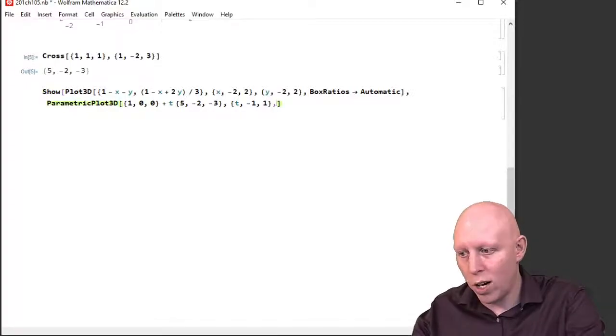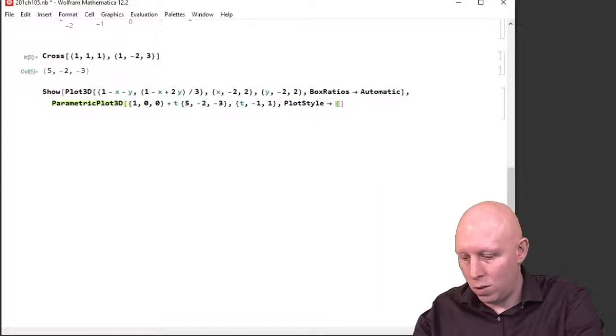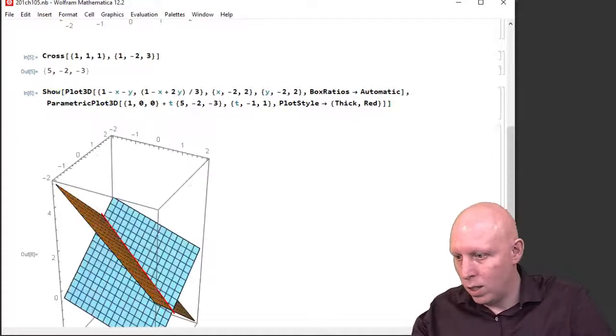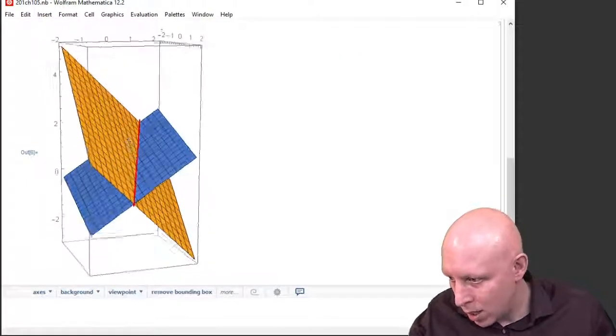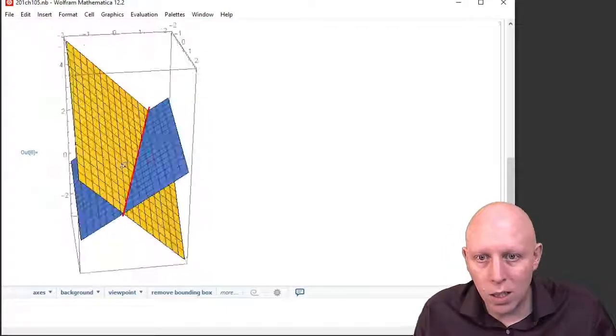And let's make it bright red. PlotStyle goes to a thick red line. And we can see that that line does indeed go right through both of the planes.